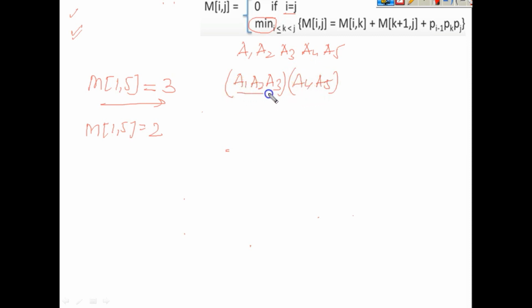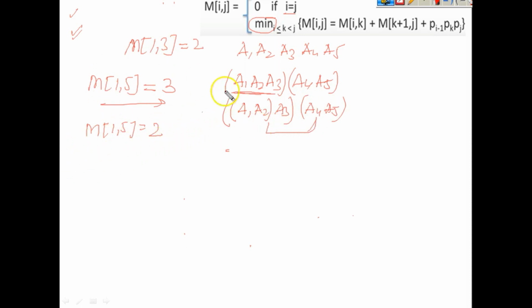Now we need to split this, so in our solution we will look to M13, meaning we need to split this further. And let's say M13 equals 2, that means we need to split like this: A1 into A2 and then A3, and then multiply A4, A5, and then multiply this together. This is how we are going to do it.